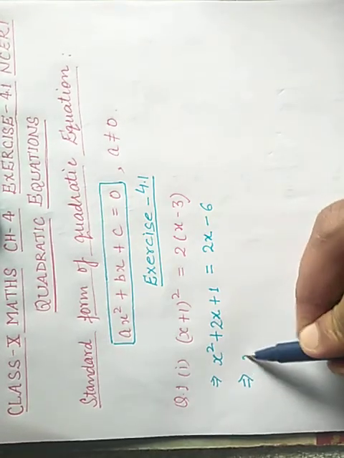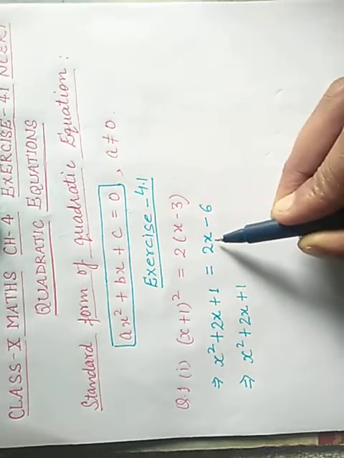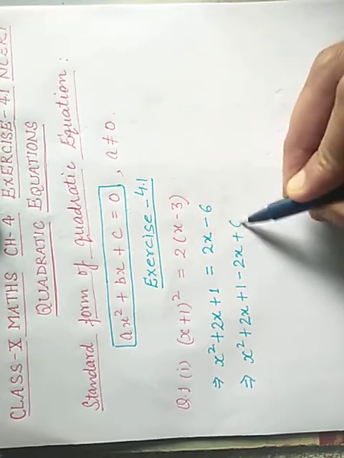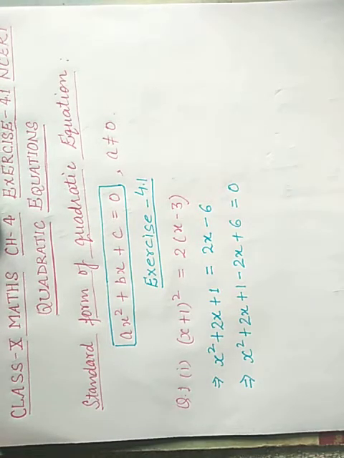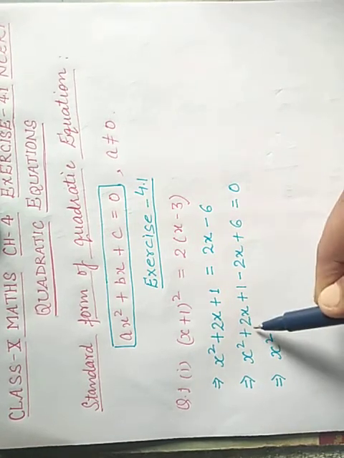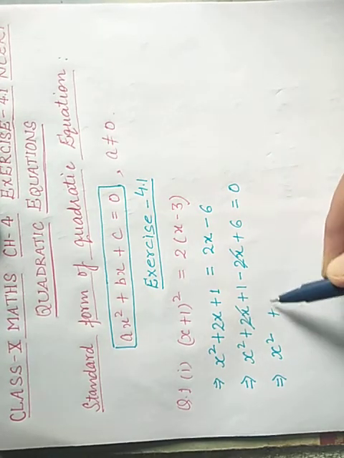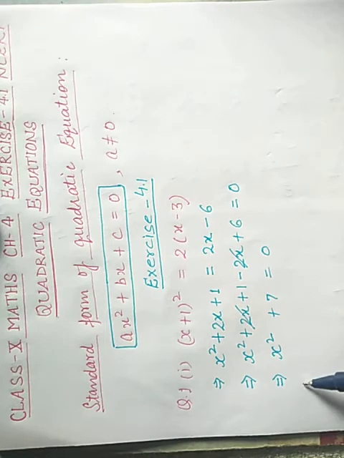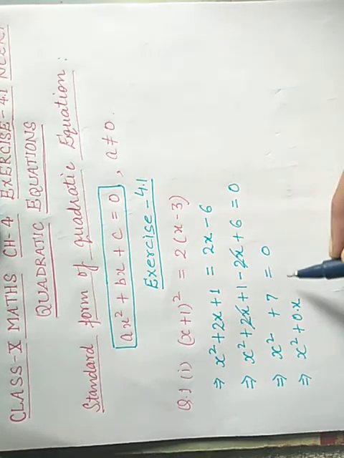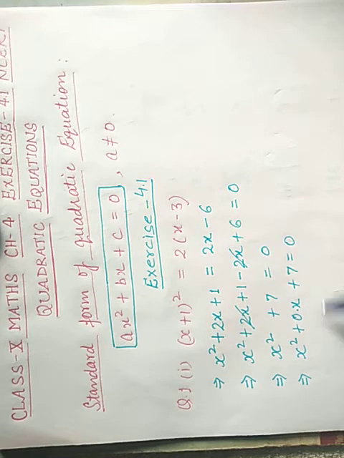So it will be x square plus 2x plus 1, 2x here which is plus will become minus 2x, and minus 6 here will become plus 6, is equal to 0. Right, now we can write here x square, 2x here plus and minus we can cancel, and plus 1 plus 6 will be plus 7 is equal to 0, and we can write it as x square plus 0 into x, okay, plus 7 is equal to 0.